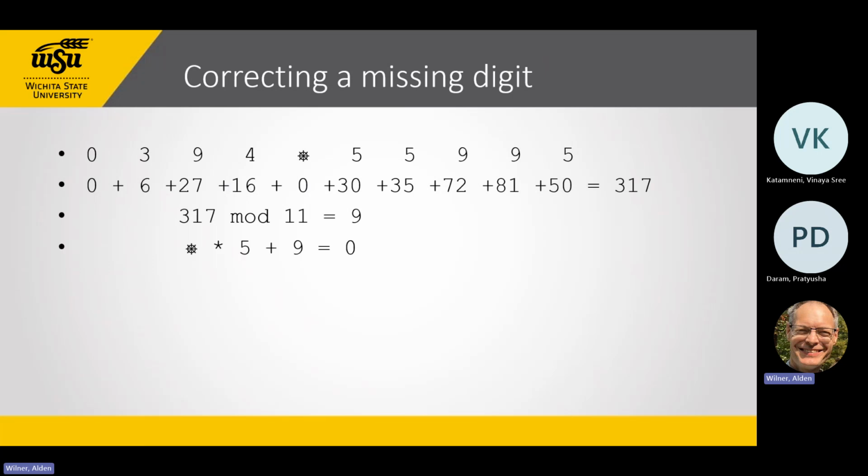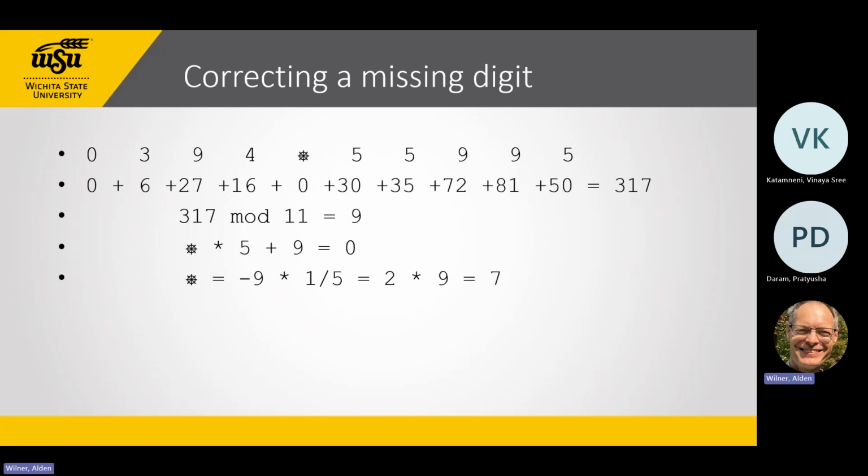Therefore, algebra tells us that splat times 5 plus 9 must equal 0. If I had the right value in there, I'd multiply it by 5, add it to the value that I have here, which is missing that value, and I should get a 0.